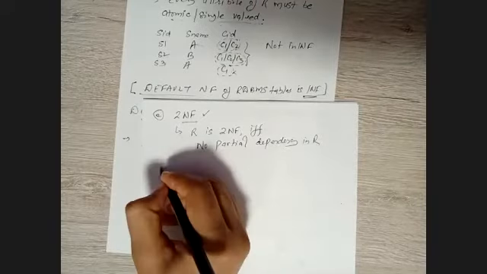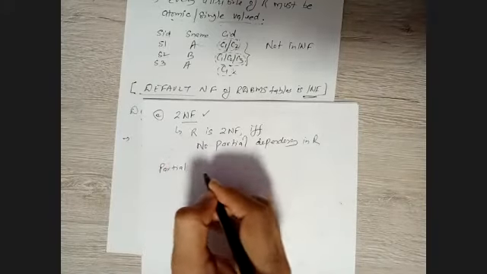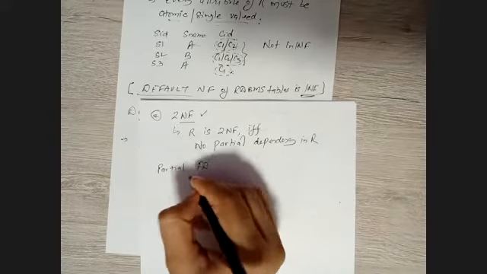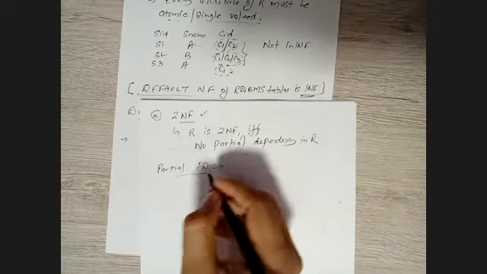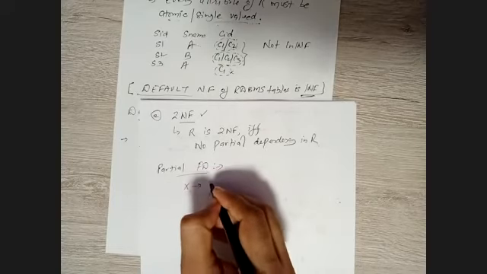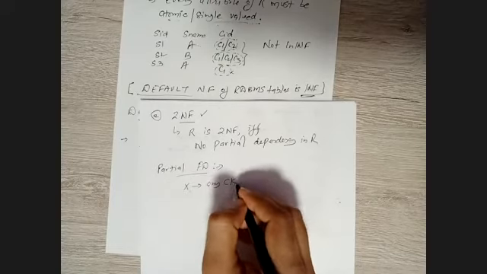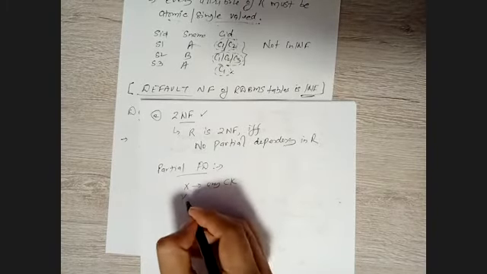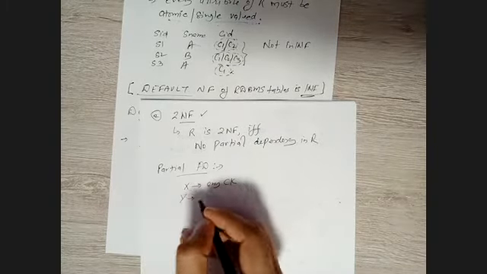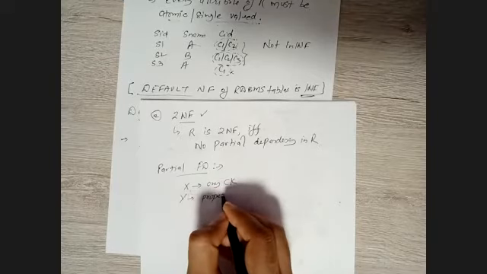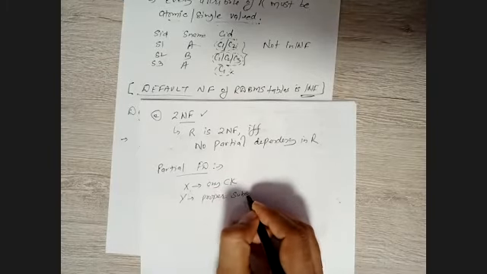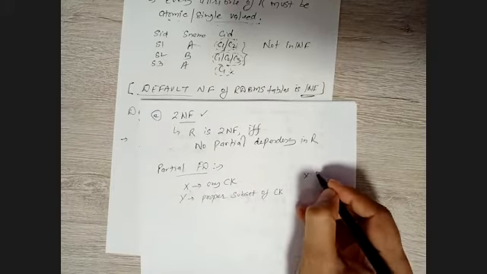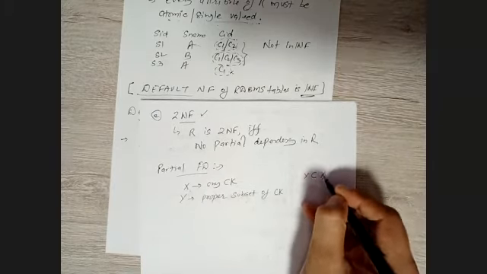So what is a partial functional dependency? Understand: if I say X is any candidate key, and Y is a proper subset of the candidate key. Y is a proper subset of X here.